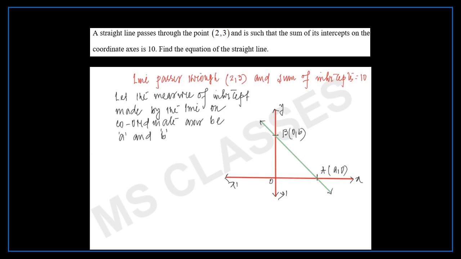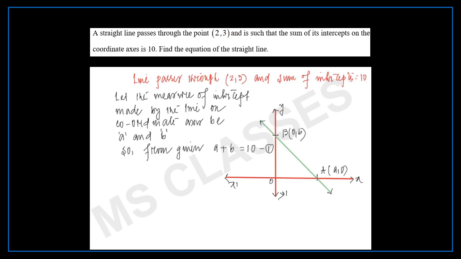So according to the condition, from the given information, a plus b equals 10, and we take it as equation 1.